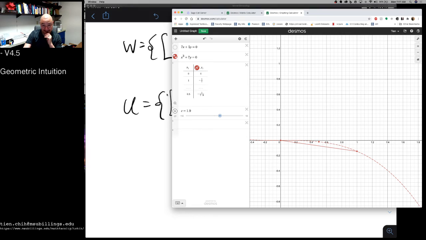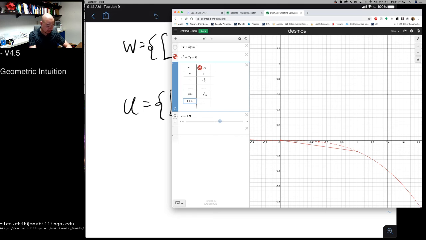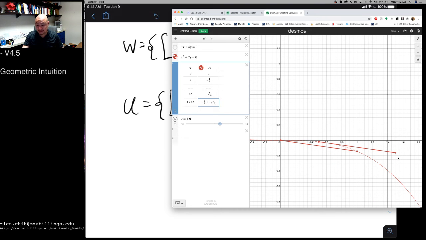From 0 to minus 1/56. If I now add 1 plus 0.5 and minus 1/7 plus minus 1 over 7 times 8, that's this vector here, which is once again not in U. And so that addresses the issue of vector addition, right? Which is enough to show that this is not a subspace.